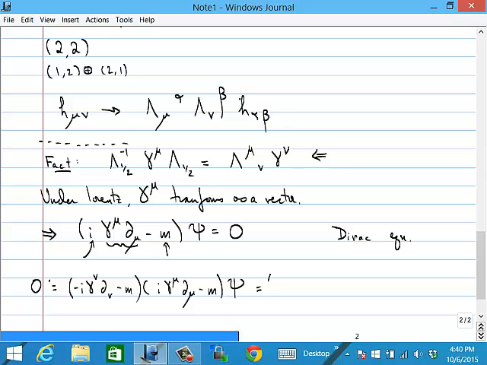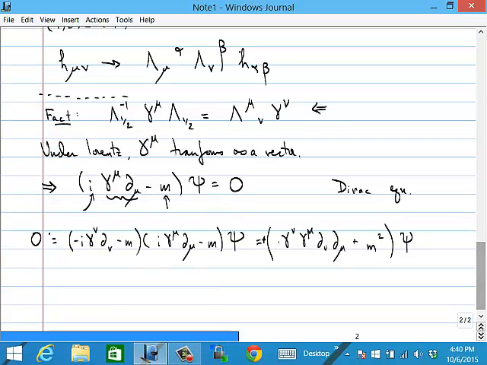So this is gamma nu gamma mu d by dx nu d by dx mu plus m squared, acting on psi. Because you have some cross terms, but the cross terms cancel.